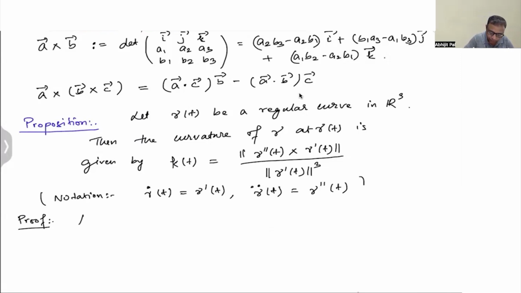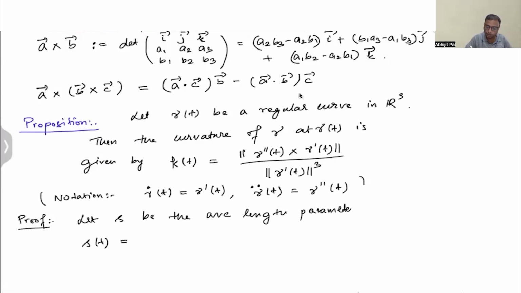Let s be the arc length parameter of this gamma.